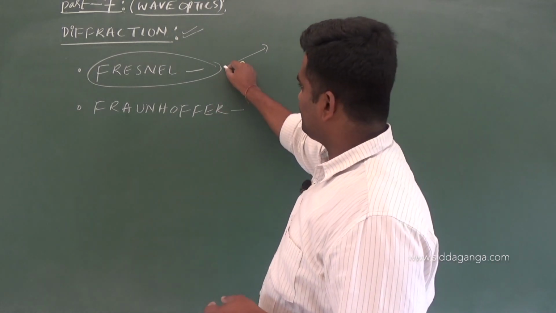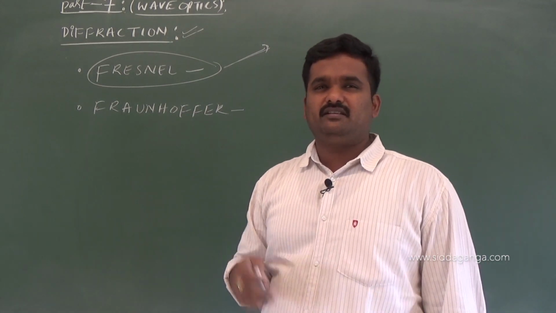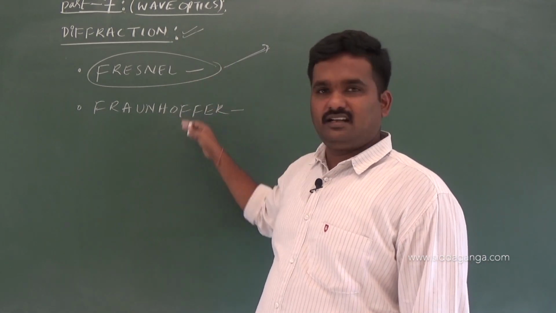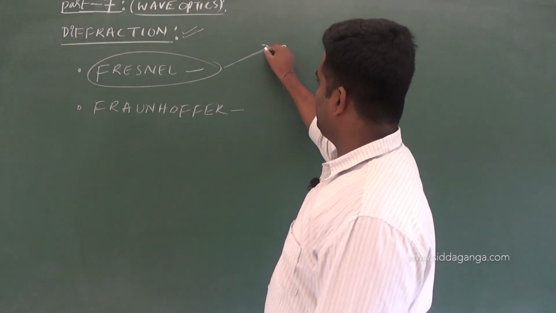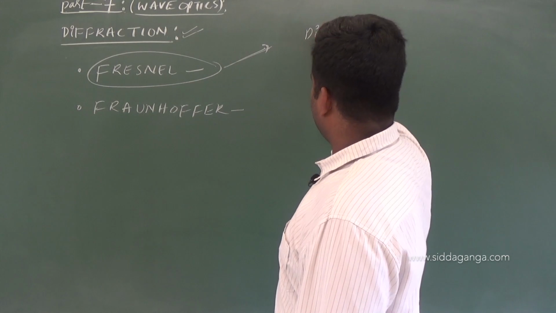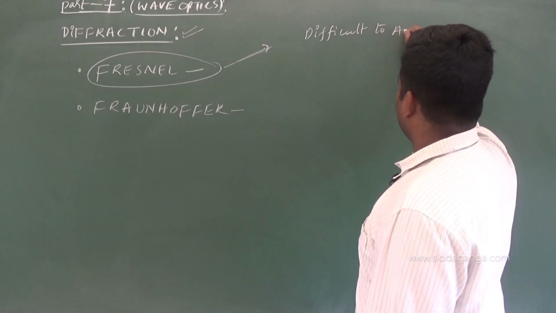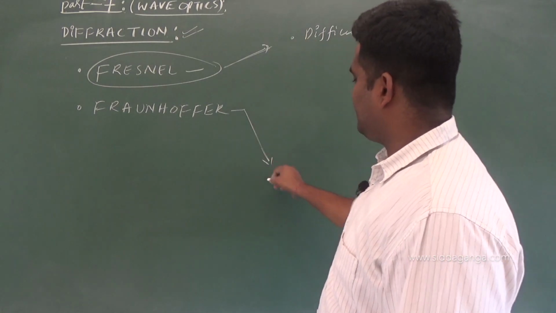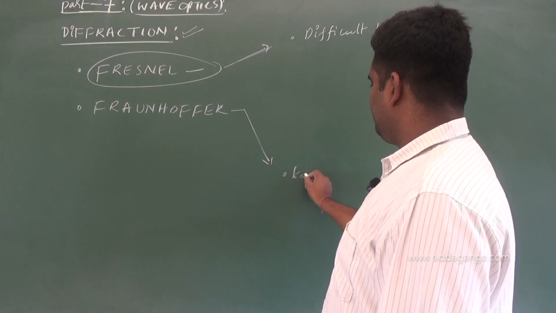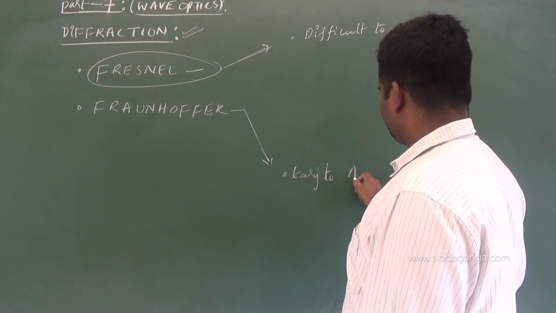We are not going to study Fresnel diffraction in detail, but we will see what assumptions he made and what the differences are between Fresnel and Fraunhofer diffraction. Remember, Fresnel diffraction is difficult to analyze, whereas Fraunhofer diffraction is easy to analyze.